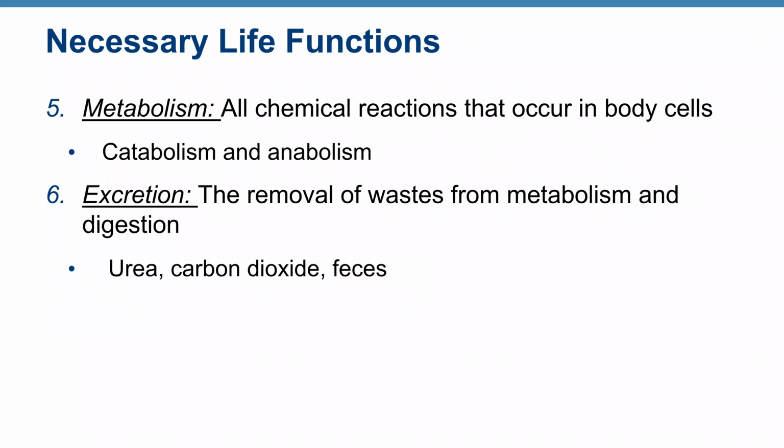Another function is metabolism. Metabolism includes all chemical reactions that occur in body cells. So metabolism includes two processes, catabolism and anabolism. Now, catabolism is a chemical reaction that splits large molecules into small building blocks.